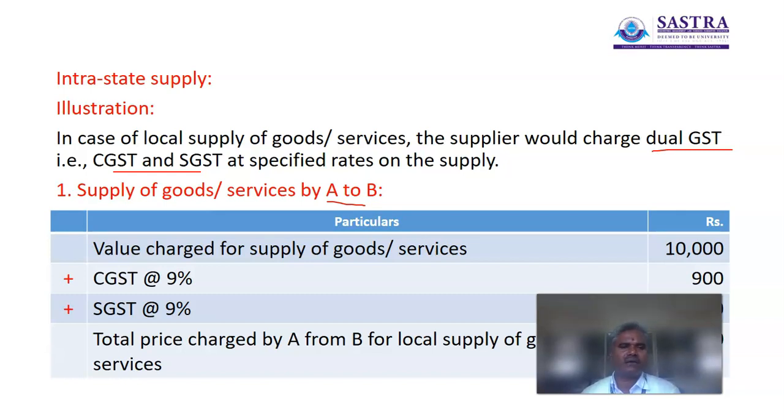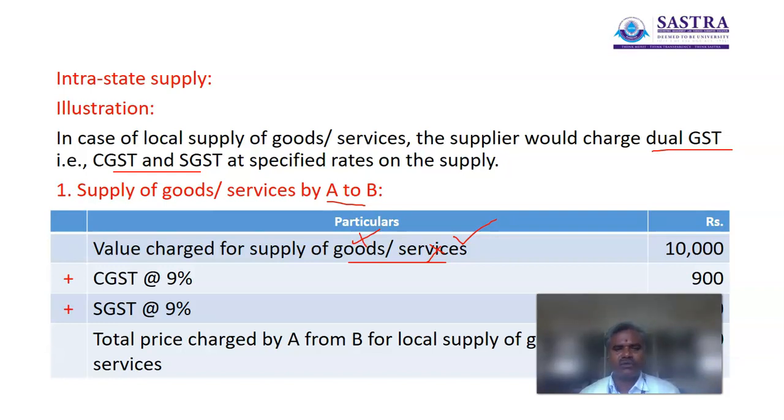Here, how can we find out the value of supply? The value charged for supply of goods or services. You have to mention both, but in practice, if you supply goods, you write only the value of supply of goods. When you provide service, you mention services here, you need not write goods.